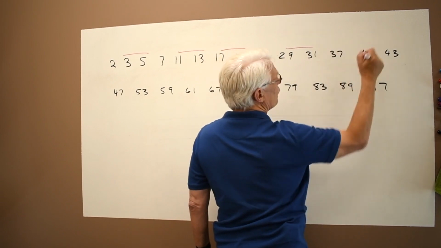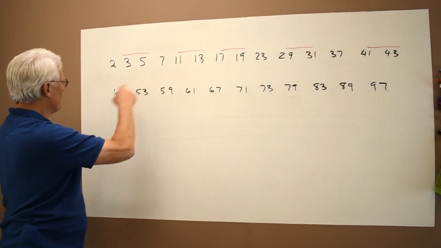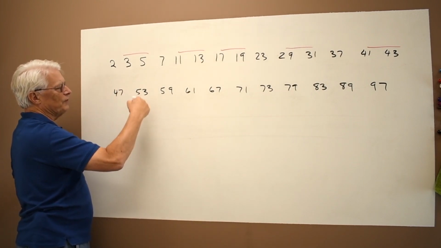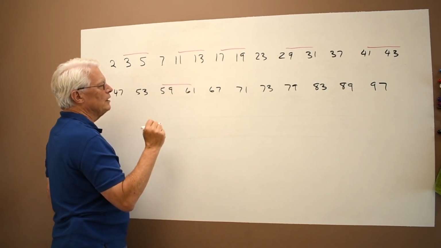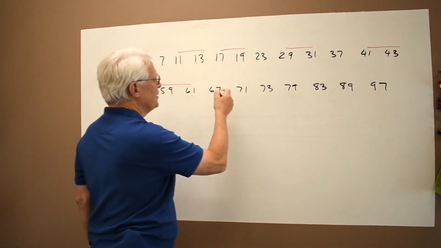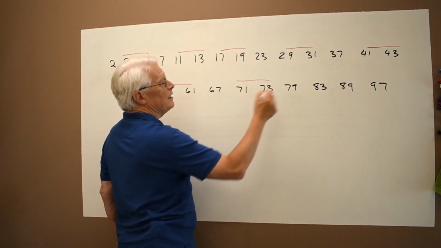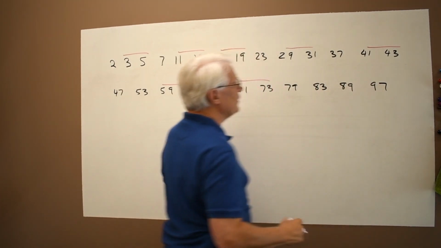And 37 and 41 don't, but 41 and 43 do. And 43 and 47 don't, and 47 and 53 don't, 53 and 59 don't, but 59 and 61 do, and 61 and 67 don't, and 67 and 71 don't, but 71 and 73 do, 79 to 83 don't, 83 to 89 don't, and 89 to 97 don't.